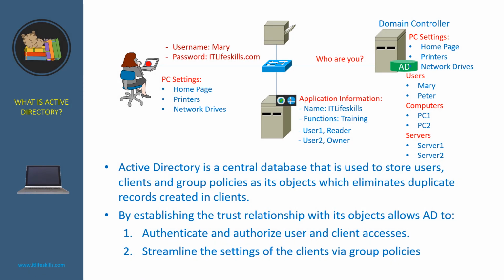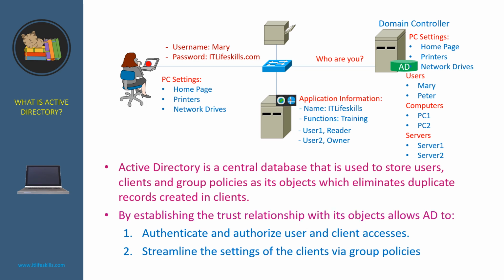Now we have the answer to the question, what is Active Directory? Active Directory is a central database that is used to store users, clients, and group policies as its objects, which eliminates duplicate records created in clients.